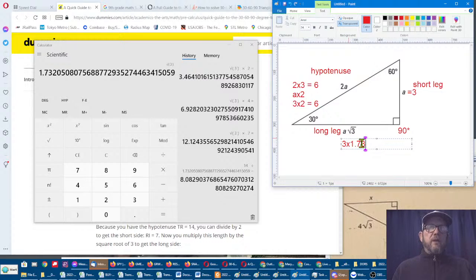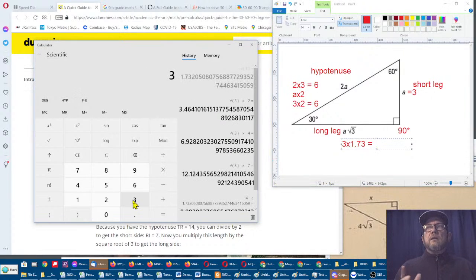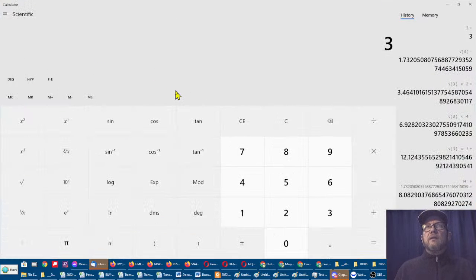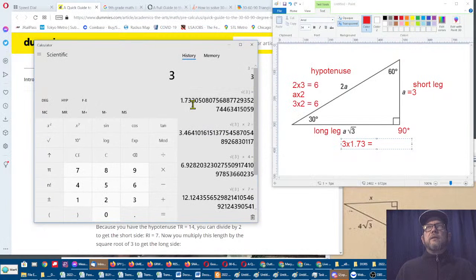It rounds to 1.73, but I'm not going to change the calculator. So I'm going to take that amount and multiply by 3, the A value.